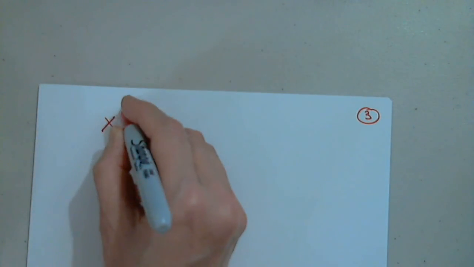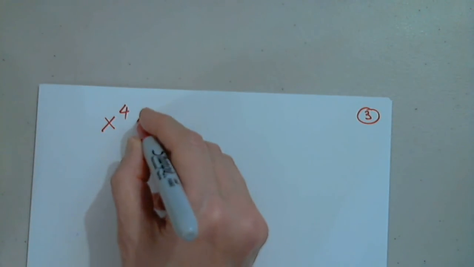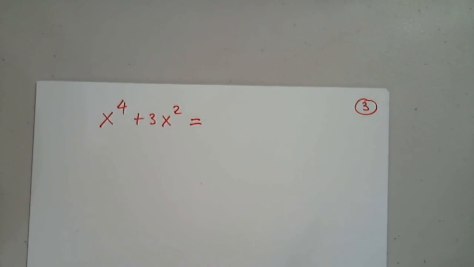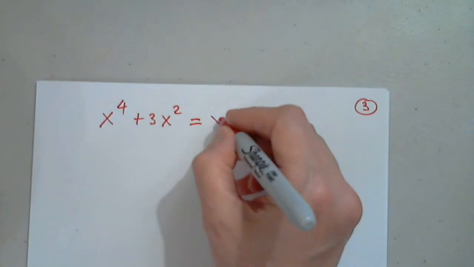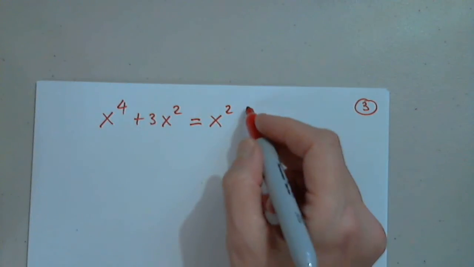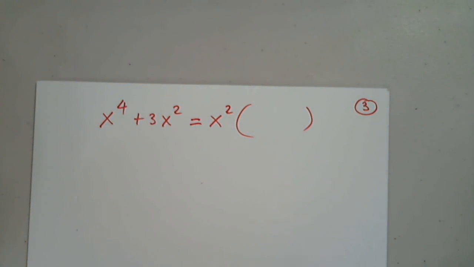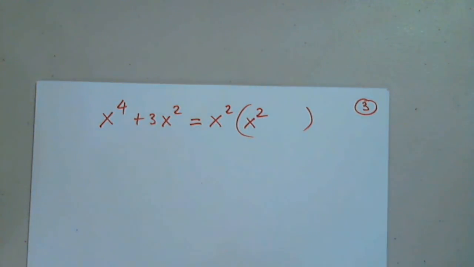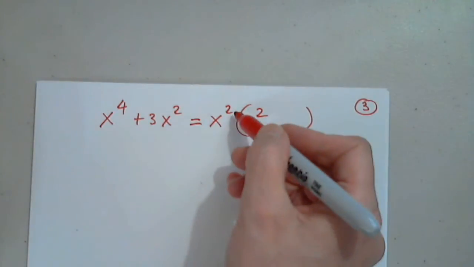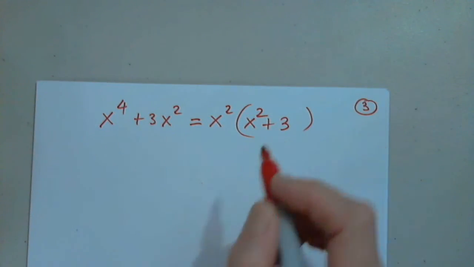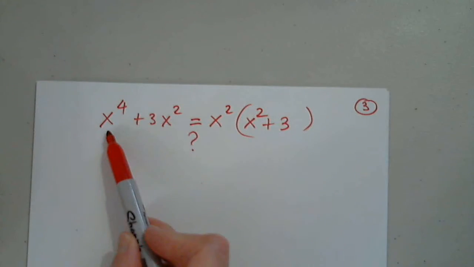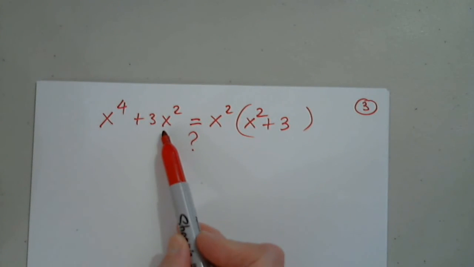When I want to factor out from x to the fourth plus 3x squared, what do I factor out? What is common to these two? Very good. The smallest of these two. And then what do I have left in parentheses? From 4, I subtract 2. So I have x squared. From 2, I subtract 2. They're gone. So plus 3. Is this true? Yes, it is, because x squared times x squared is this, and x squared times 3 is this.